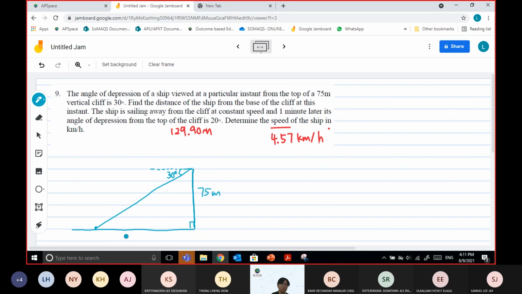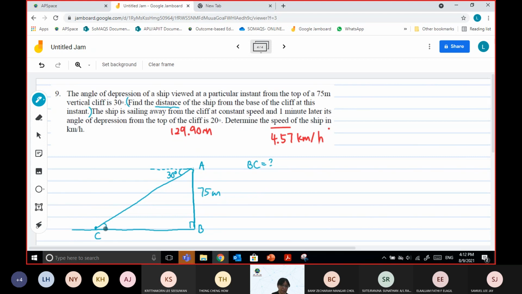So now you need to find the distance first. Let's label it A, B, C. Let's solve this part first: find the distance, that means we need to find BC.